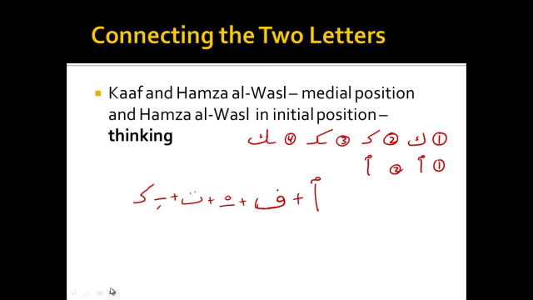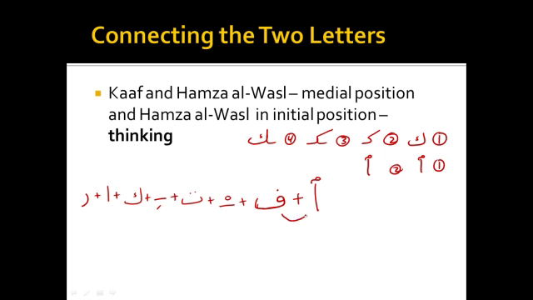Actually, we're writing these as independent positions, so let's just erase this here and write it. So we're writing the kaf. We have iftikar, long vowel alif, and ra. Iftikar, iftikar.